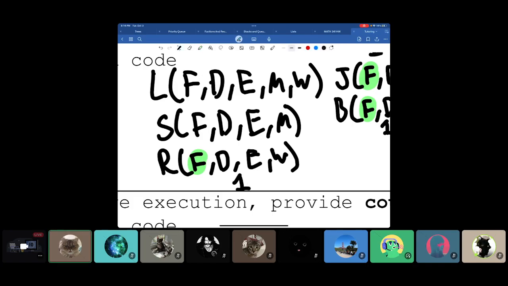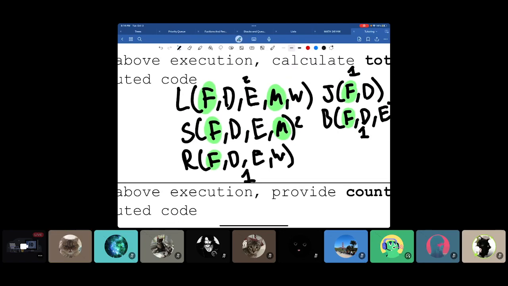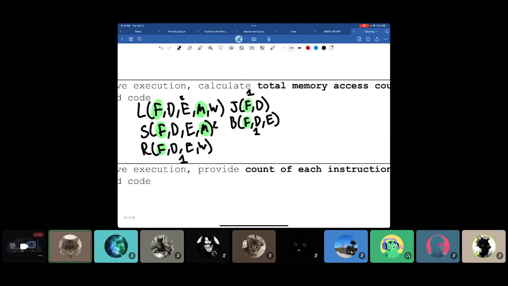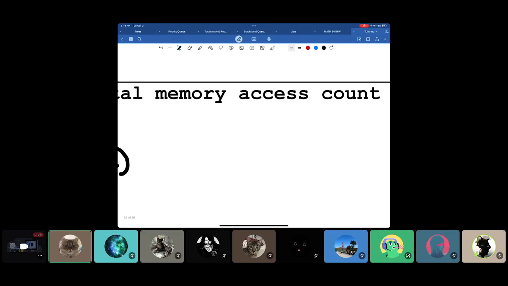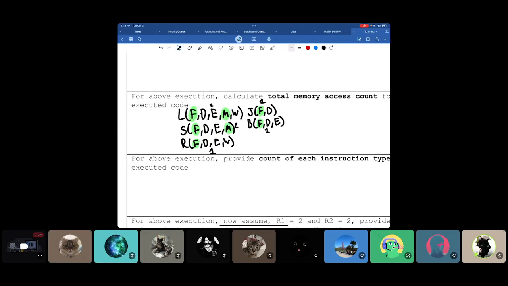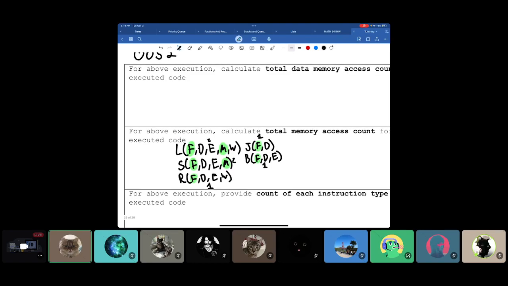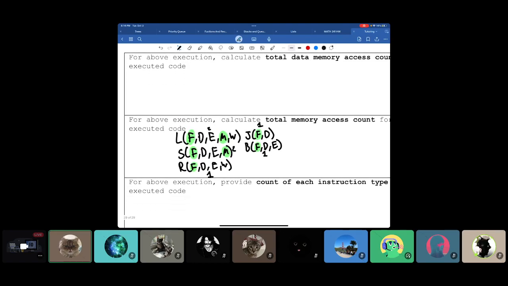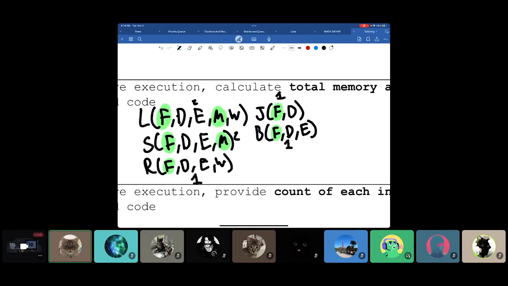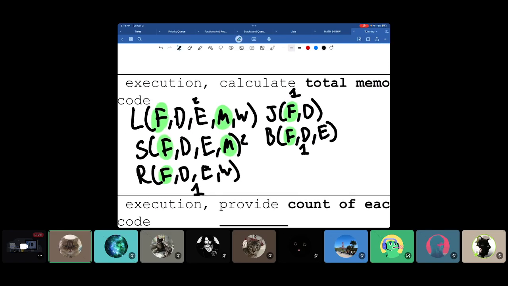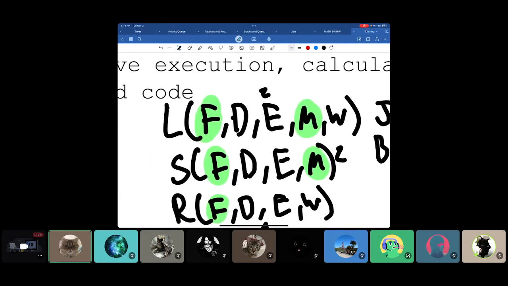And then L and S type, they have a fetch stage, but they also have a mem stage, meaning they're going to main memory twice. So then both of these are going to have a memory count of 2. And then from this, it's asking what is the total memory access count? Meaning how many times have we gone to main memory in our program? So from that, we can kind of just count how many instructions we have, but then count twice for load and store because they go there twice.